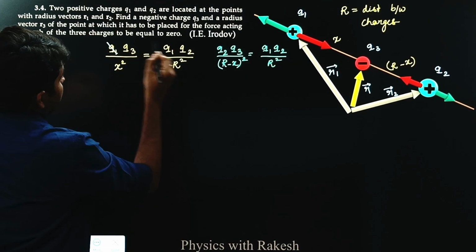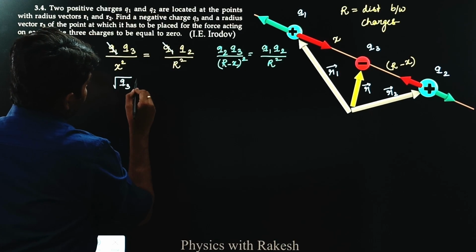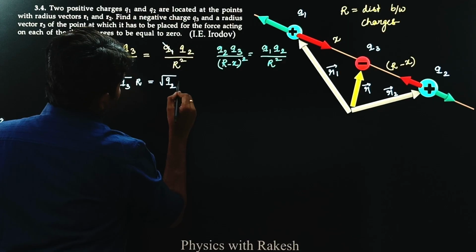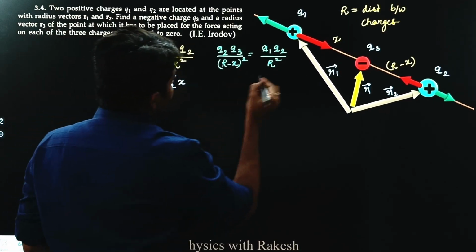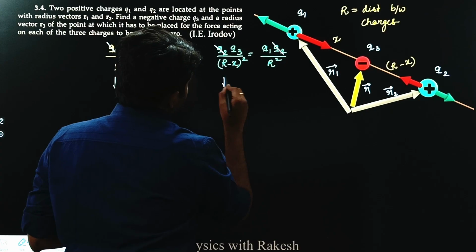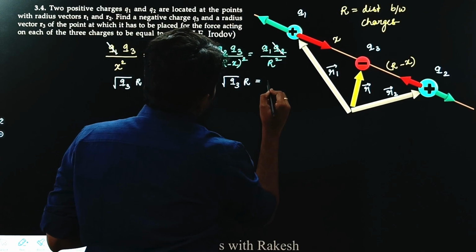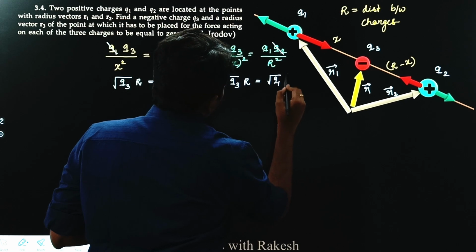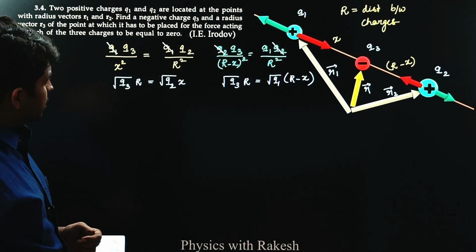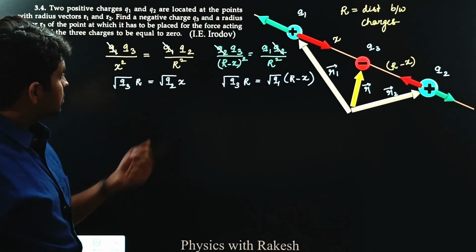I can cancel out q1 here. I'll get root q3 r equal to root q2 into x. And here I can cancel out q2. I'll get root q3 into r equal to root q1 into r minus x. See, root q3 r, we can equate this and this. So what will we get?